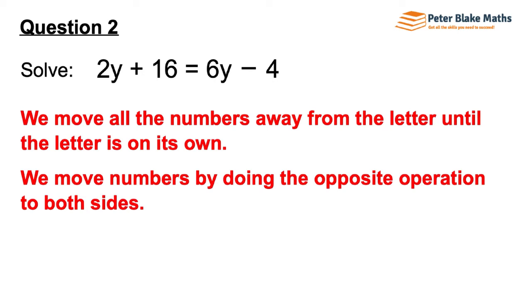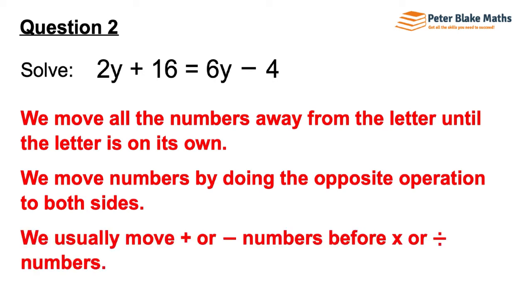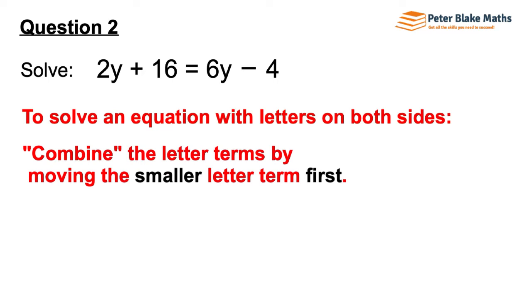We move numbers by doing the opposite operation to both sides. And we usually move plus or minus numbers before we move multiply or divide numbers. This question has letters on both sides, so to solve an equation with letters on both sides, let's combine the letter terms first by moving the smaller letter term first. The question goes much more smoothly when we do that.